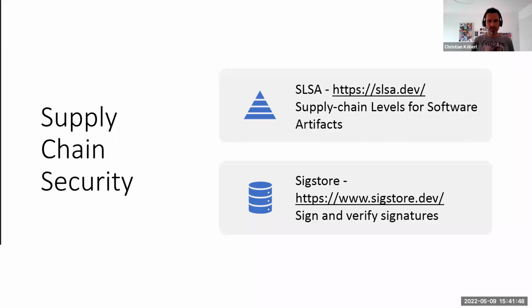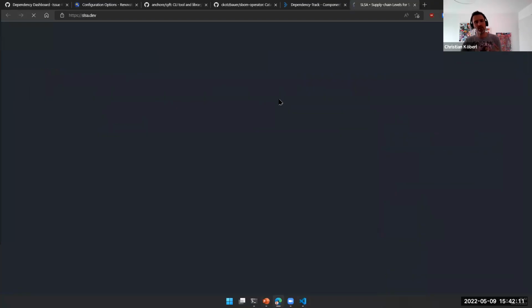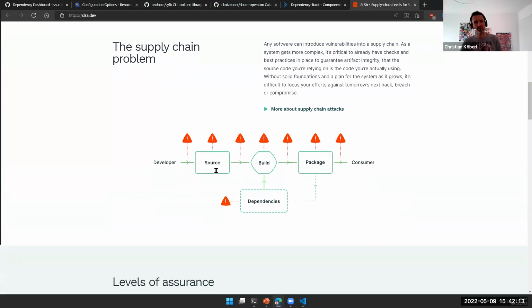In the area of supply chain security, there's currently one thing going on like SLSA, and SLSA is Supply chain Levels for Software Artifacts. You can think about it like CMMI, the maturity model of software development. So you get different levels of security from SLSA depending on how secure you are.